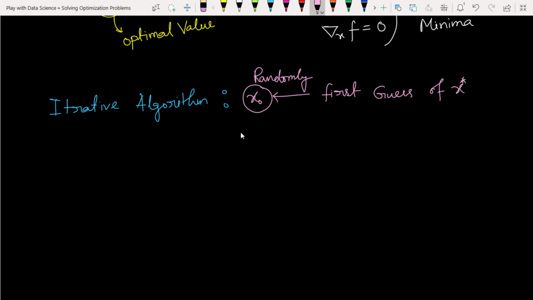In the next step, we find x1 using the first iteration of the gradient descent algorithm. In the second step, similarly, we use the gradient descent technique to find the x2 value.